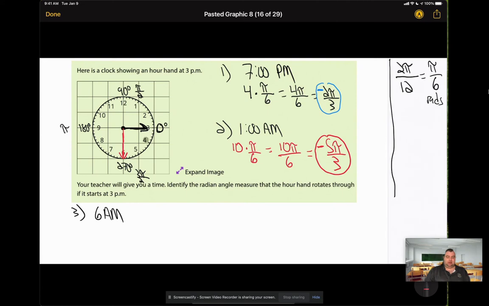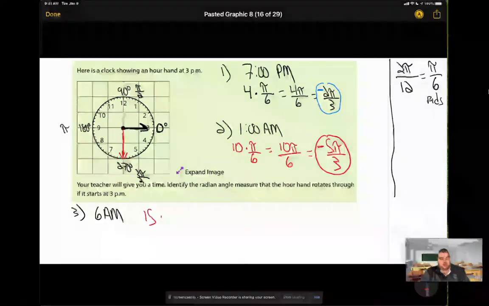Because this is going to be 4, 5, 6, 7, 8, 9, 10, 11 p.m., 12 a.m., 1 a.m., 2 a.m., so on and so forth, down to 6 a.m. So it's really moving 1, 2, 3, 4, 5, 6, 7, 8, 9, 10, 11, 12, 13, 14, 15. So between 3 p.m. and 6 a.m., it's really moving 15 spots.